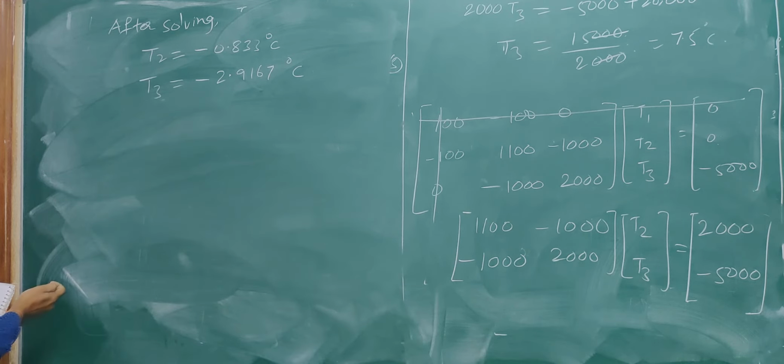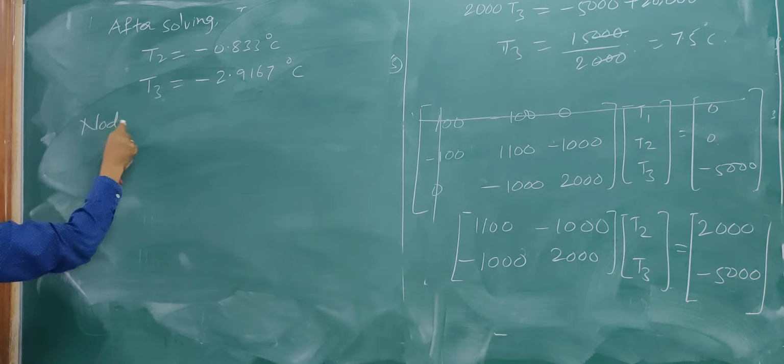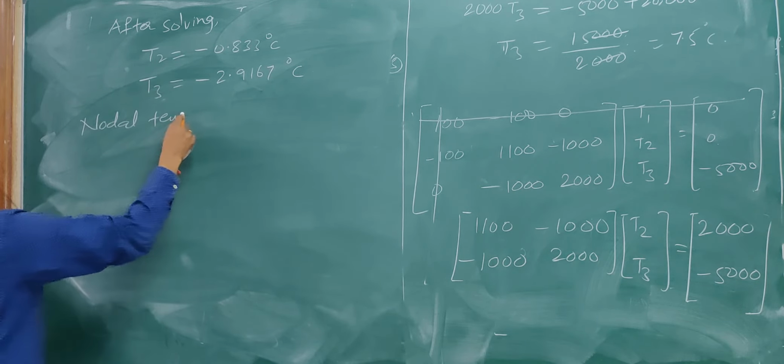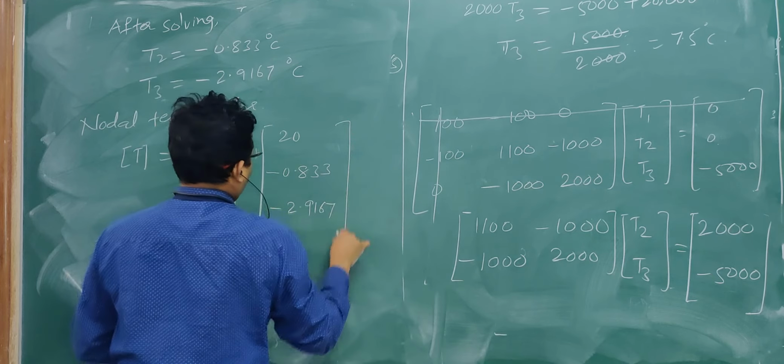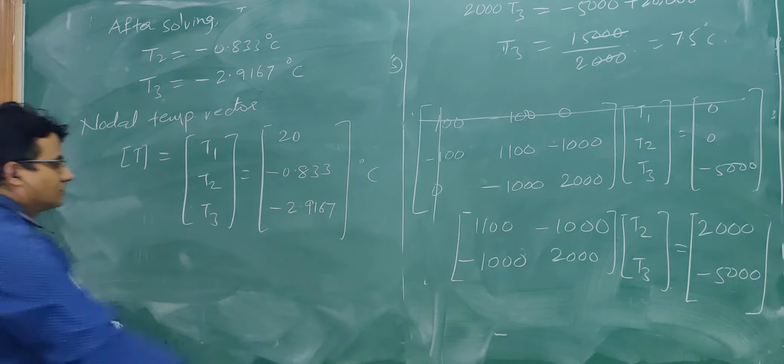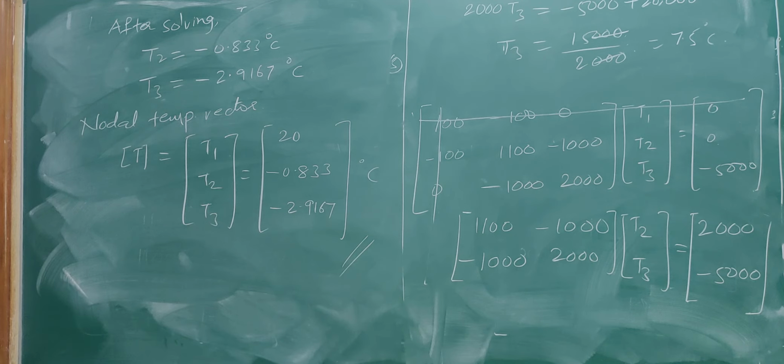Therefore, if I want to write the nodal temperature vector, that is T equal to T1, T2, T3, it is 20, minus 0.833, minus 2.9167 degree centigrade. So this is the answer for the temperature distribution.